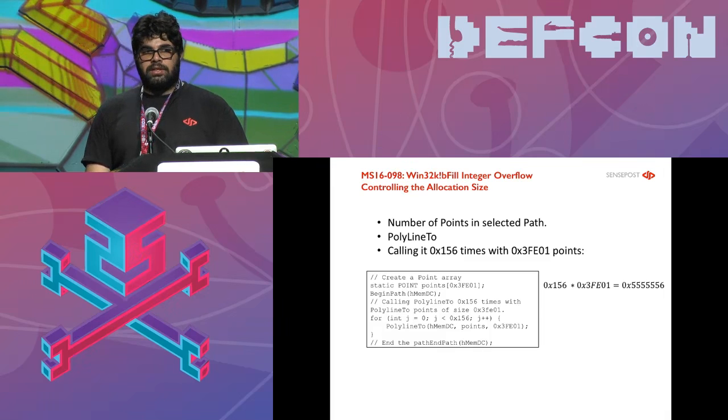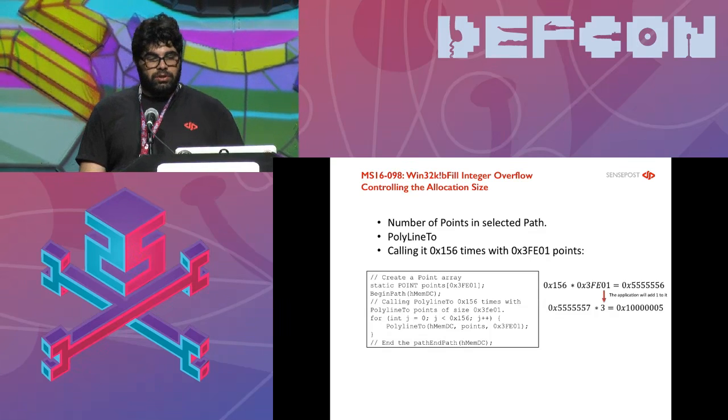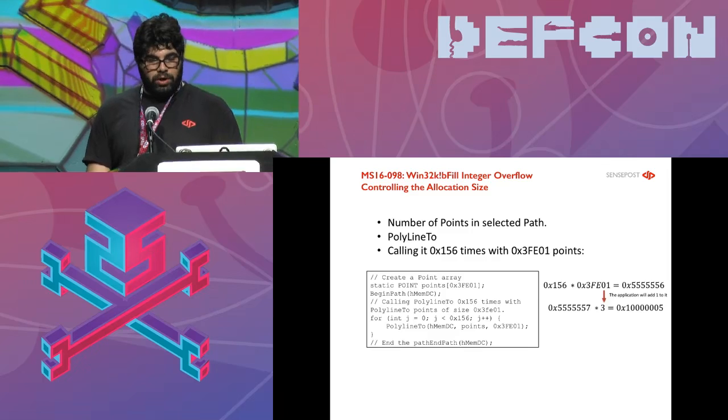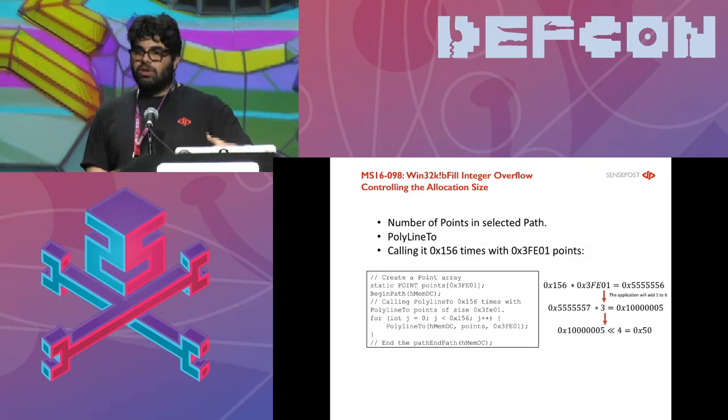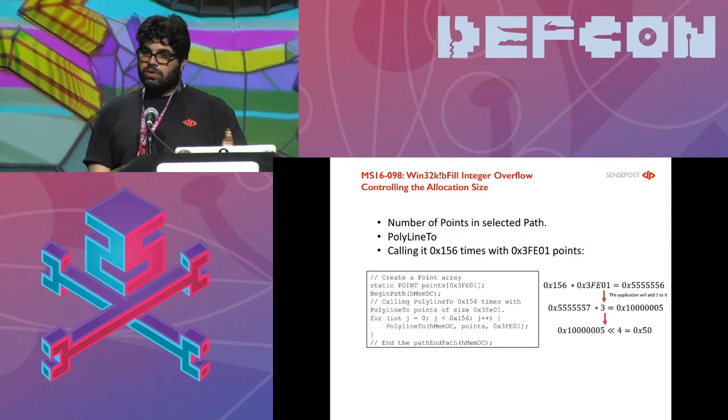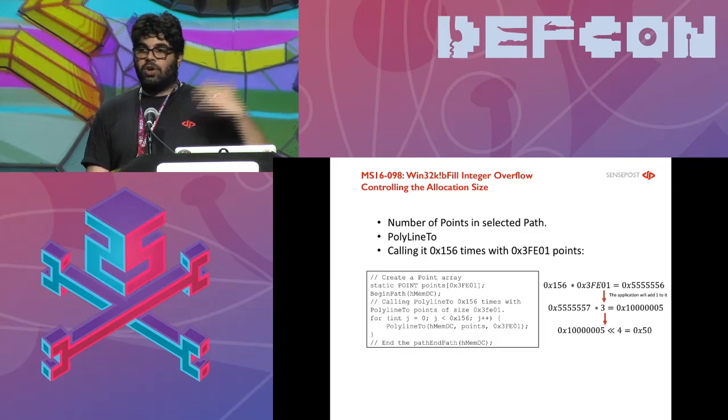Now, someone will tell me this is much smaller than the value that we discussed during the calculations, and you are right. But due to the shifting of 4, this value will actually result in 10000005, and after it gets shifted by a nibble, this value will be 50 and the 1 will be truncated.